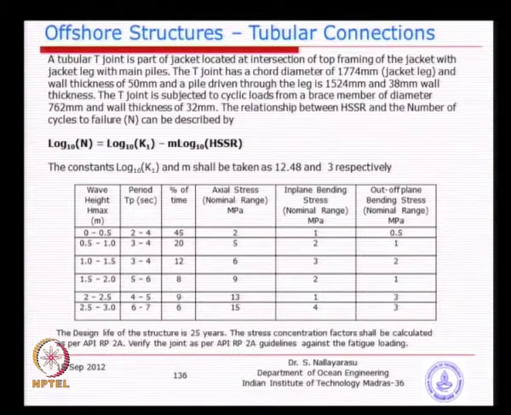Of course, I have given you the period in some range, so you need to go for a mean period, just the average period, and then stresses are given. You know the geometry of the joint, calculate the stress concentration factors, and then stresses are known, multiplied by stress concentration factor, you can get the stress range, and you have got the equation for the SN curve.